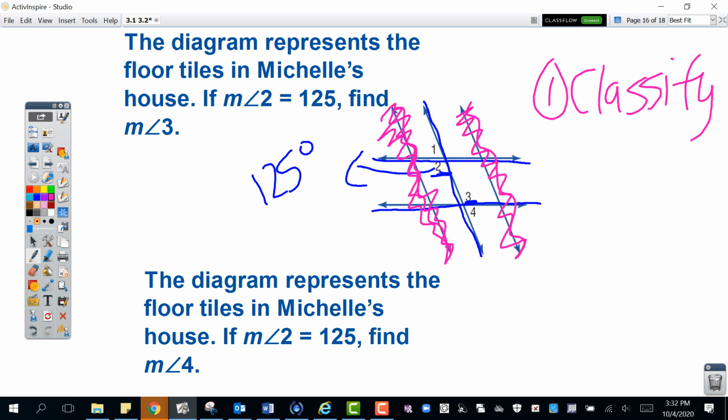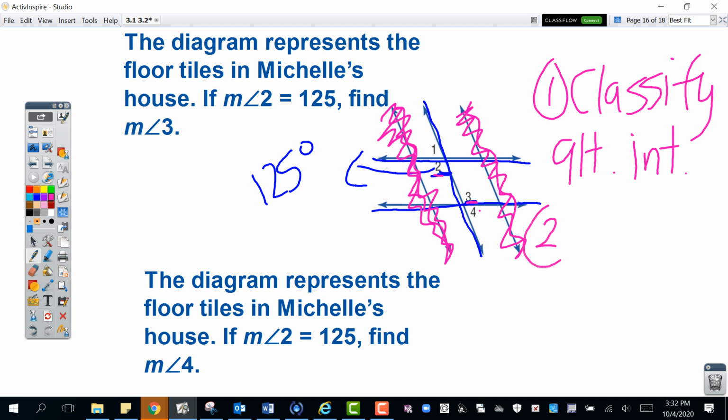All right, so are they both interior or are they both exterior? We're like, hey, they're both interior because they're inside the 2 lines, okay? Then we're looking at, are they on the same side of the transversal or are they on opposite sides? Well, 2 is on the left, 3 is on the right, therefore they're on opposite sides. Therefore, they are alternate interior angles, all right?